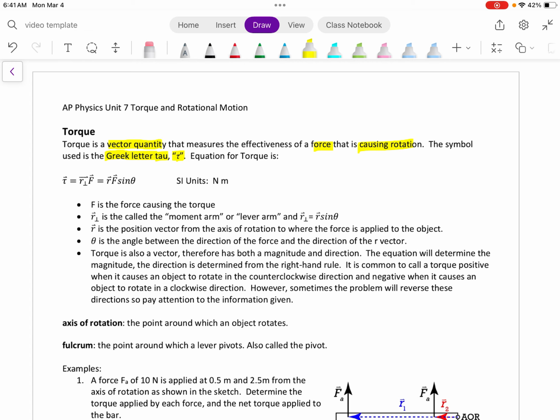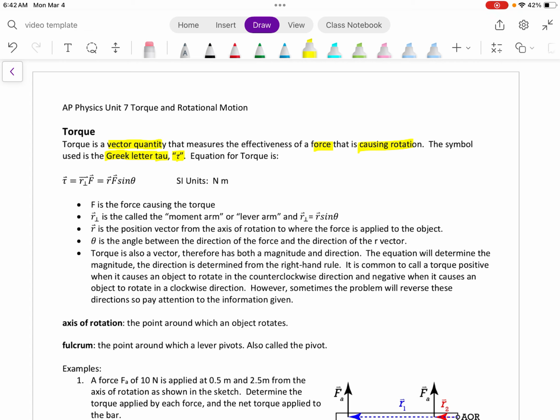The equation for torque is given there. The equation for torque is the moment arm times the force, and also equals the distance away from the axis of rotation times force times sine of theta.